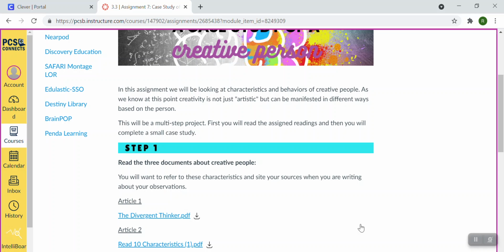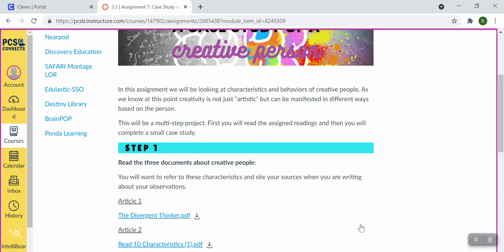So we want to see what are these different ways based on each person, who they are, their personality, what makes them creative, and what are those characteristics and behaviors that we can start to look at and identify in our gifted students or in our general ed students, in people we know outside of school, to help not just identify them, but encourage them in their strengths or what you notice about them.